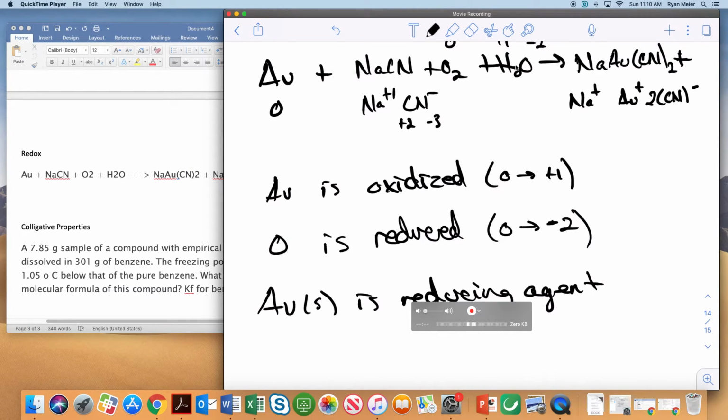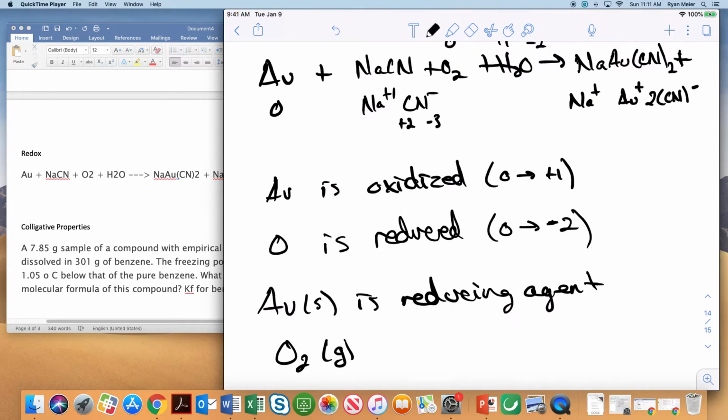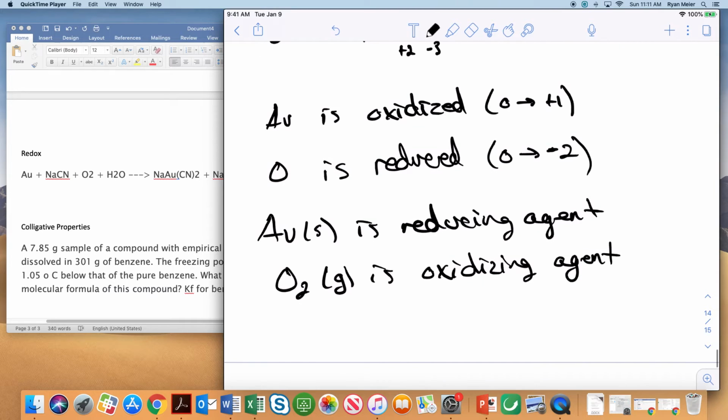The water is not our oxidizing agent here because oxygen's already minus 2 there. So it's the O2 that is our oxidizing agent. All right, so that's the first thing here.